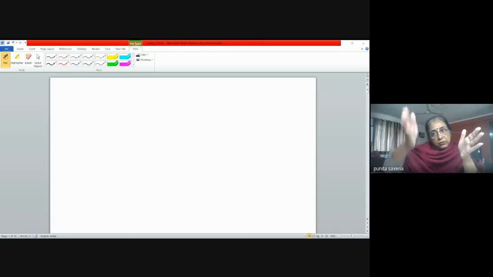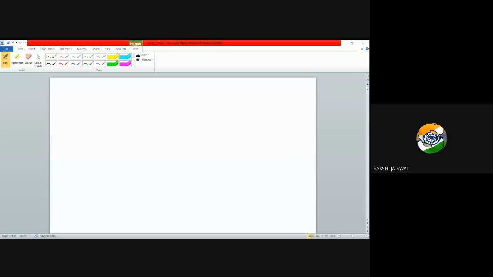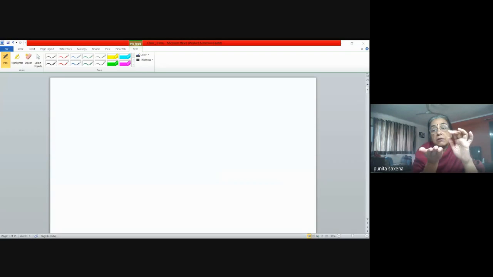Make pieces like this or like this. So when you cut horizontally, what comes? Oval. Ellipse. I'm talking of horizontal.